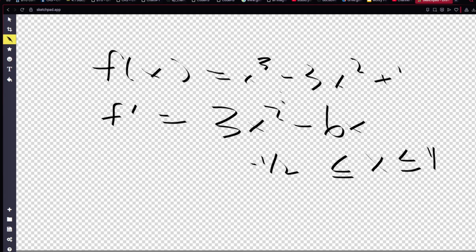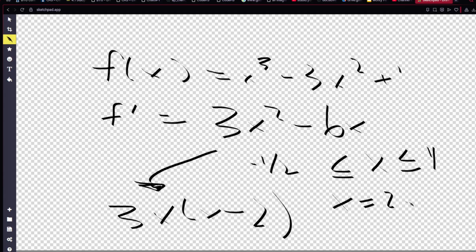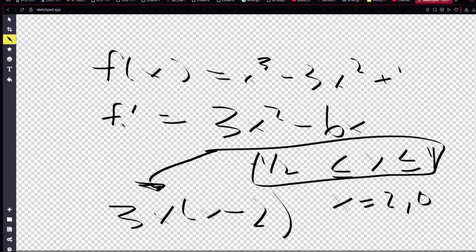So if we take the derivative, we have that. We have to find the critical points. Let's factor out 3x to get 3x times x minus 2. So we know the critical points are x equals 2 and 0. We plug those back in, and these both fall into the domain, so we can test both. 2 cubed minus 3 times 2 squared plus 1 is going to be 8 minus 12 plus 1, so that's 5... sorry, that's negative 3.